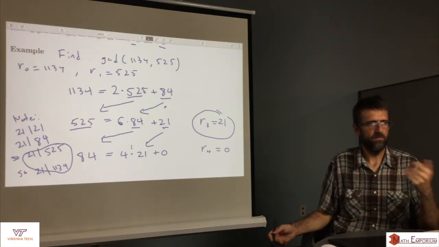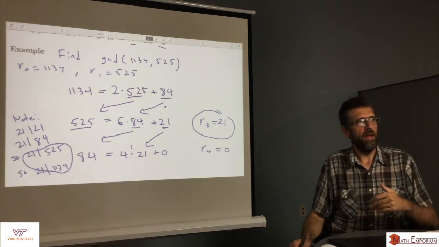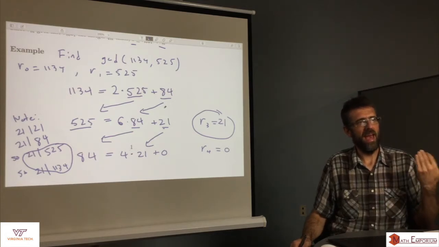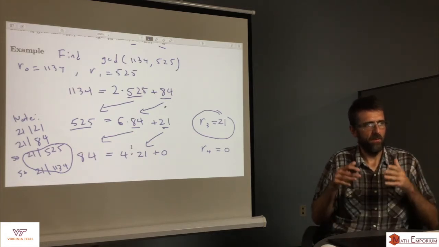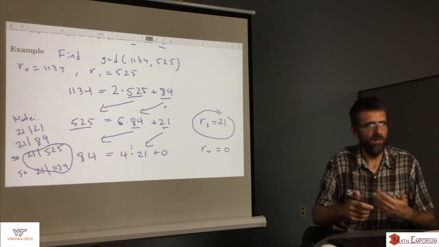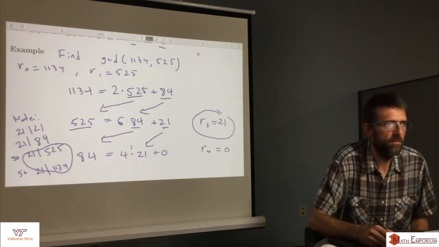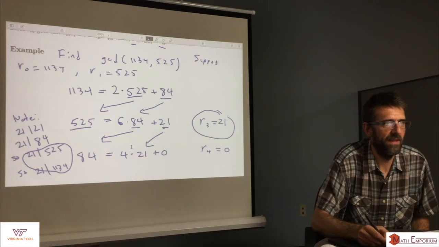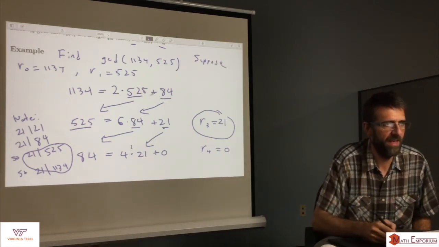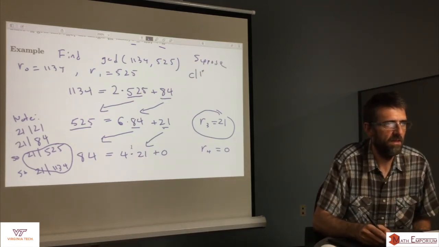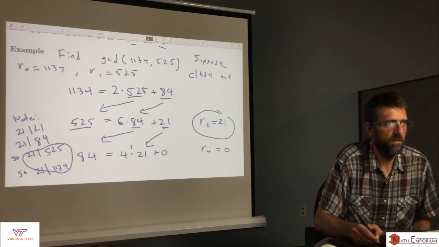That will always hold. And then suppose we have some divisor that divides both of the inputs, then we can run things down the chain to see that it'll have to divide 21.